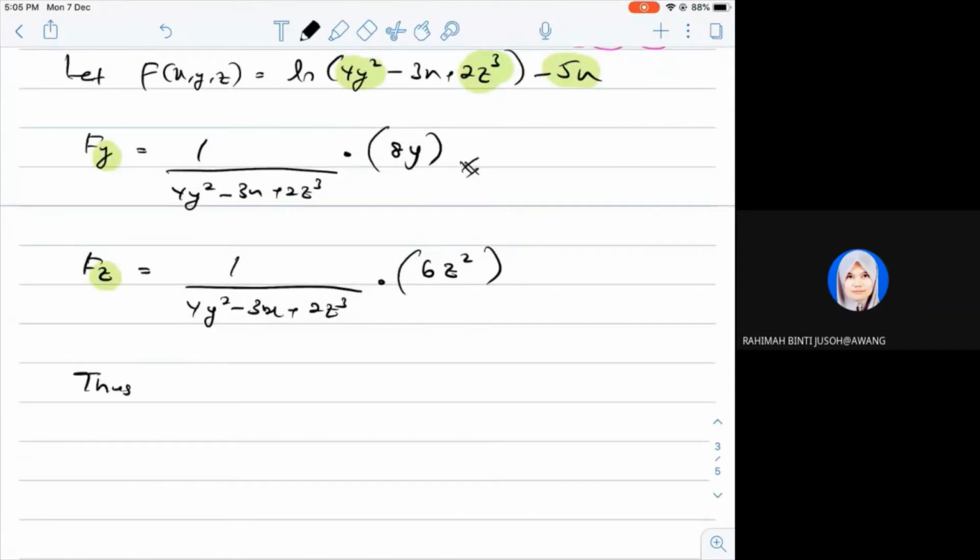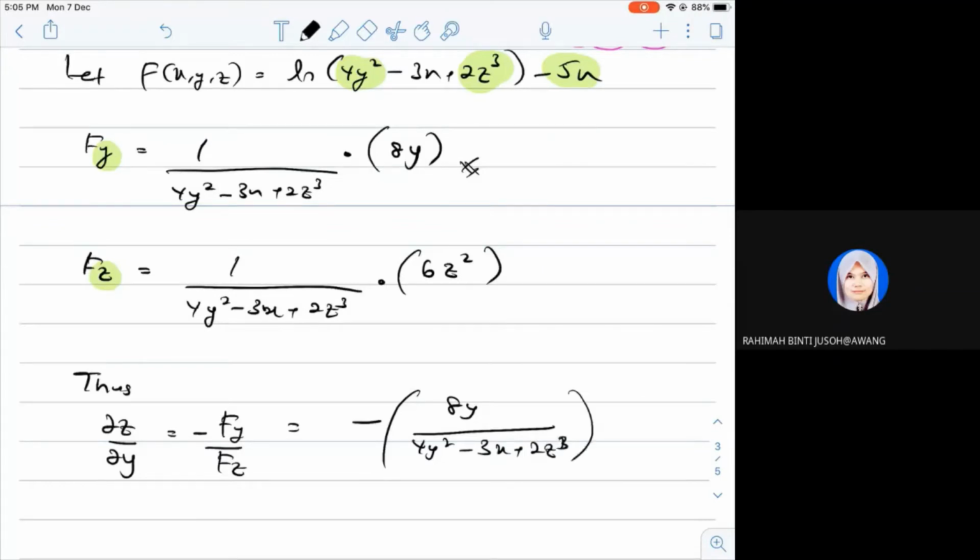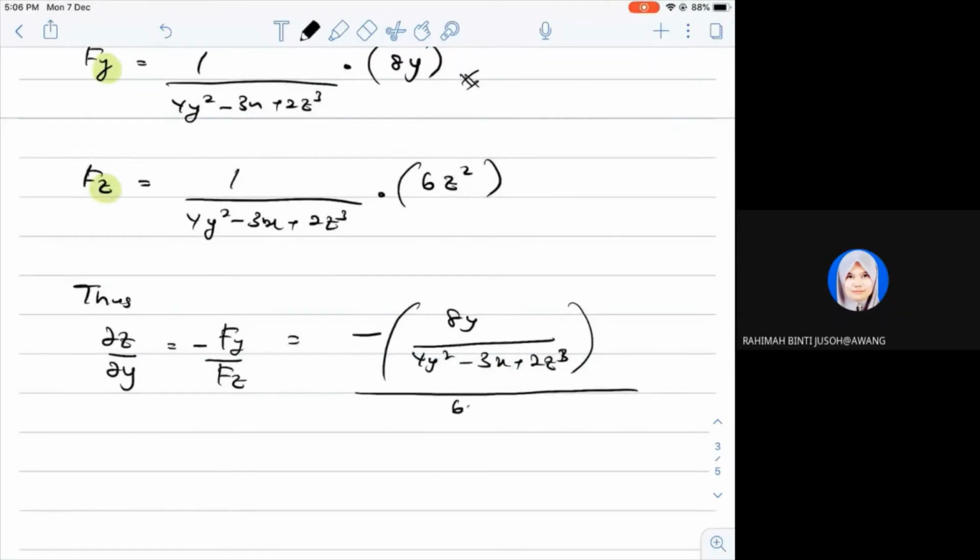Okay, guys. Del z over del y equals to negative fy over fz equals to negative 8y, I put in brackets, 8y divided by 4y squared minus 3x plus 2z cubed. This is your fy divided by your fz, which is 6z squared over 4y squared minus 3x plus 2z cubed.